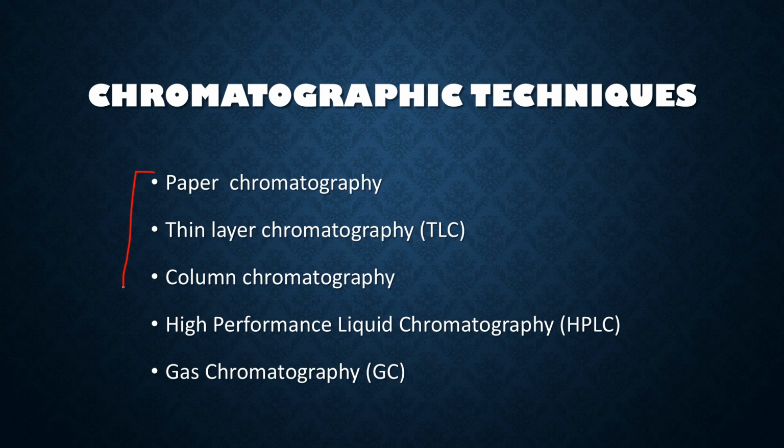The first 3 are often used for qualitative purposes to identify different components within a sample mixture. The last 2 are used not only for qualitative purposes but also quantitative purposes.